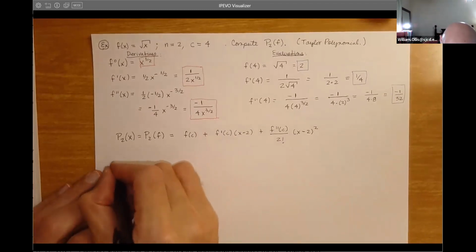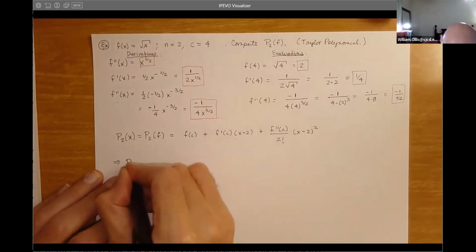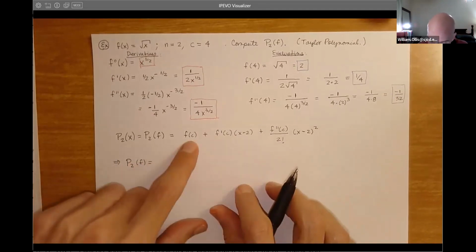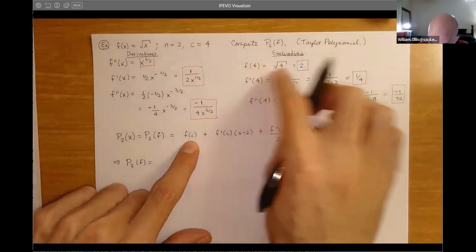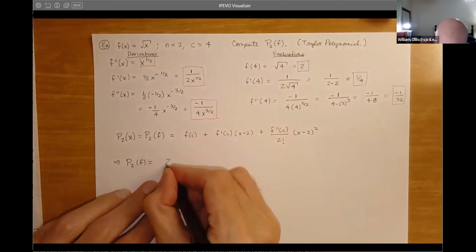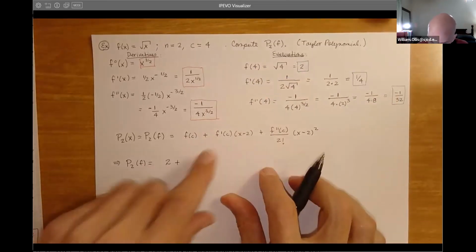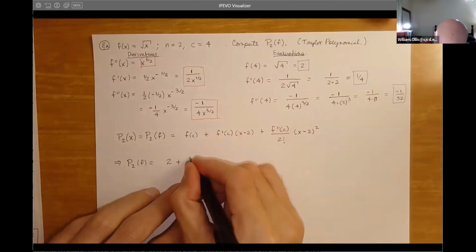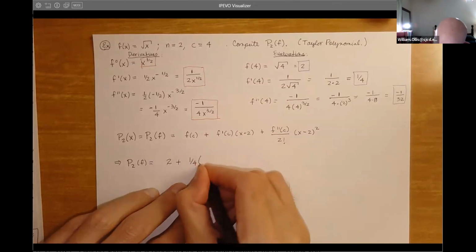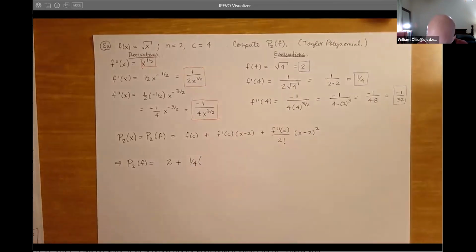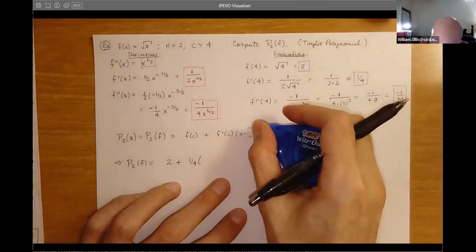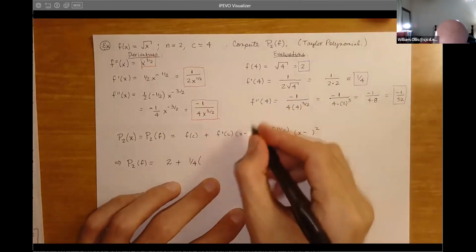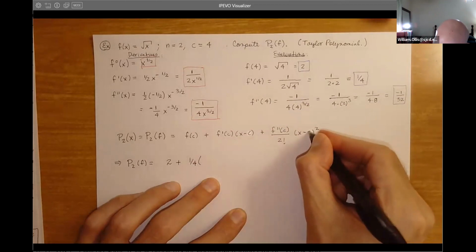So now this implies, we'll just fill everything in. We have f of c, f of 4, that's a 2. And then for the next one, we have f prime of 4, that's 1/4, and then x minus c. Let me just go ahead and keep it in general. Just put the c's there.